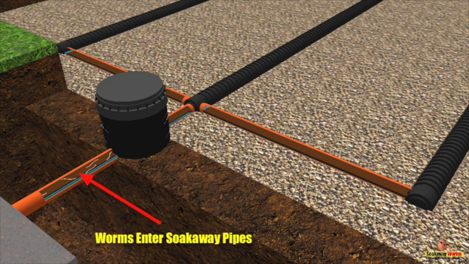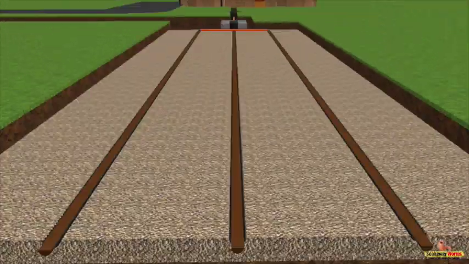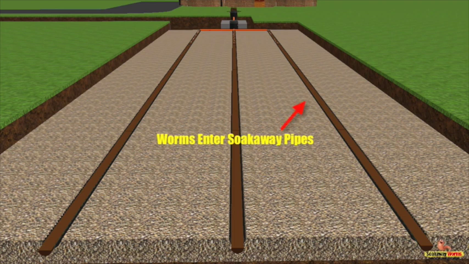The worms will continue to burrow and make their way through the sludge, continuing to work their way through those soakaway pipes, through the sludge. In time, as the worms continue to breed and multiply and burrow through that sludge, they'll eventually penetrate your entire soakaway system.